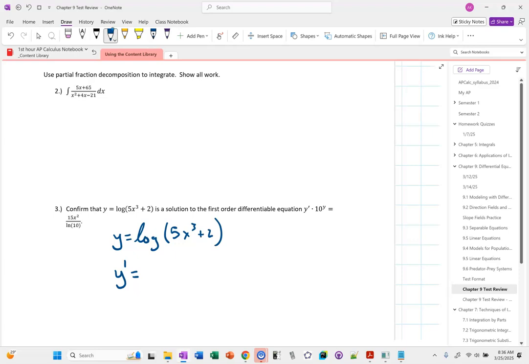So the derivative of the outside is 1 over the inside, times, since it's not natural log, we have an extra factor in here: one over the natural log of the base.